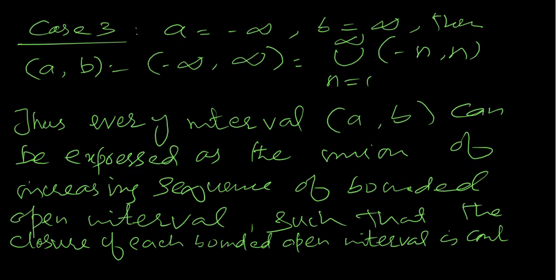It's the limit as y approaches x naught of f of y, and you can see that's equal to the infimum of f of y, such that x naught is less than y, and y is obviously less than b. And since the function is monotonic increasing, this y decreases to x naught.